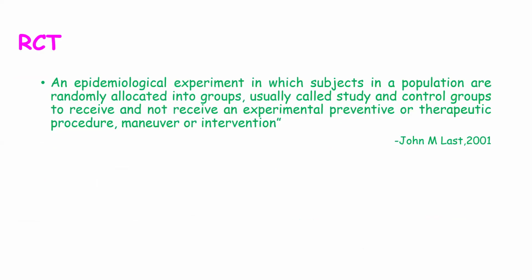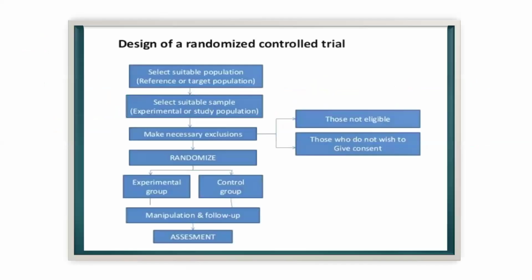And coming to randomized control trial. This is again an epidemiological experiment in which subjects in the population are randomly allocated into groups, usually called study group and control group, to receive or not receive an experimental preventive or therapeutic procedure, maneuver, or intervention. Here, how to conduct it? This is what I designed for a randomized control trial.